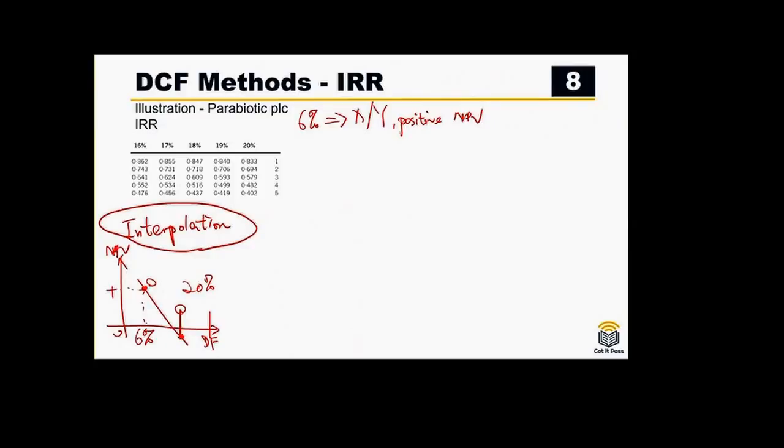We have a positive NPV and a negative NPV, so I can share with you the formula to get the IRR based on one positive NPV and one negative NPV. So I assume 20%.